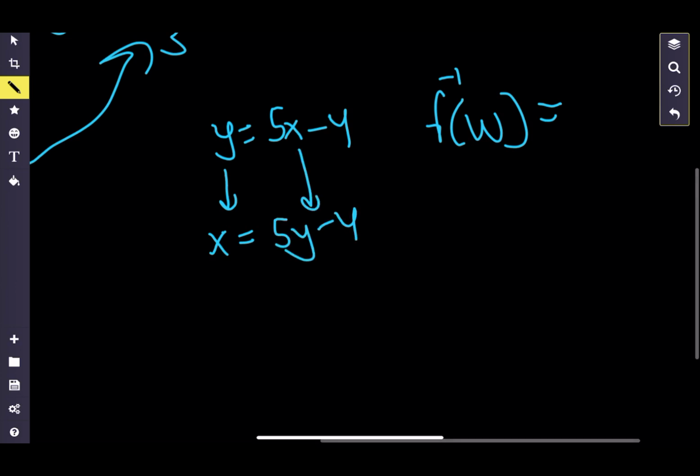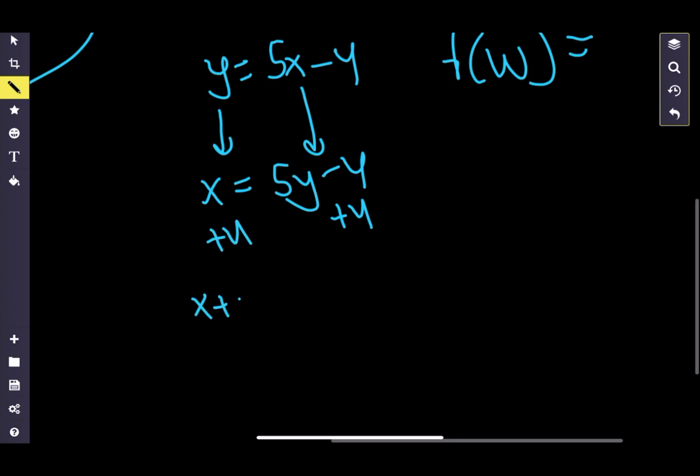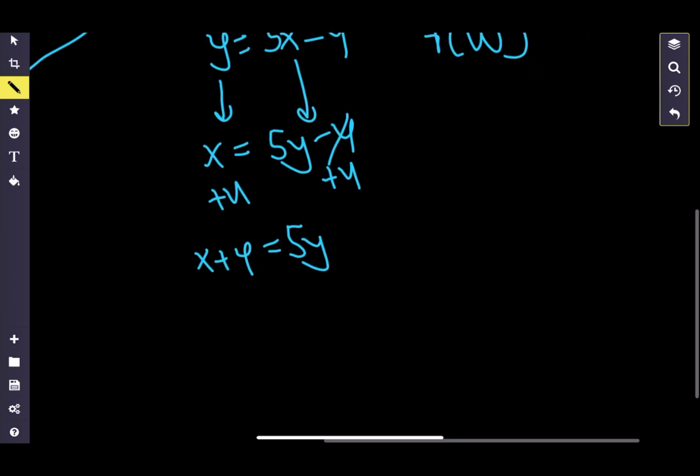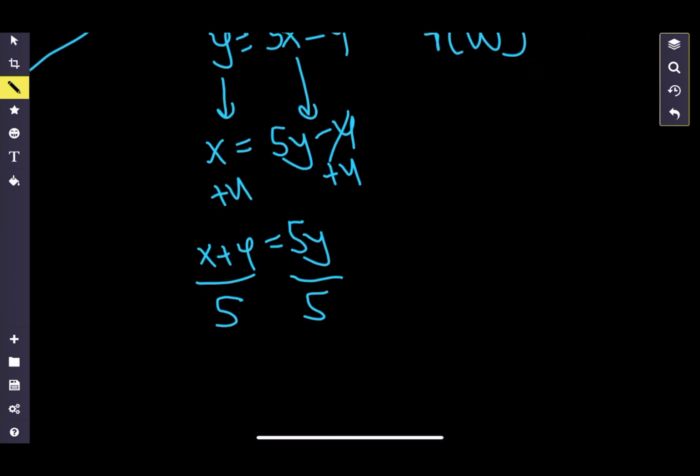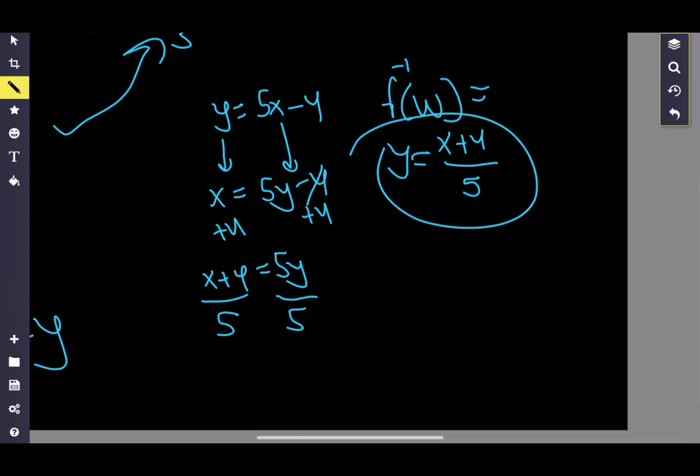So this is going to be x equals 5y minus 4. Now solve for y. Add 4 to both sides: x plus 4 equals 5y. Divide by 5 on both sides. You get y equals x plus 4 divided by 5. And that's the inverse.